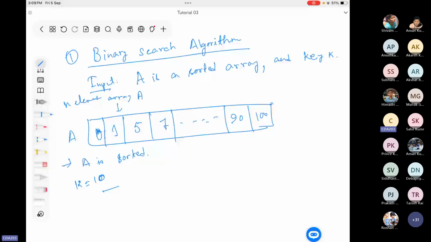Are you familiar with the term divide and conquer? No? Okay.